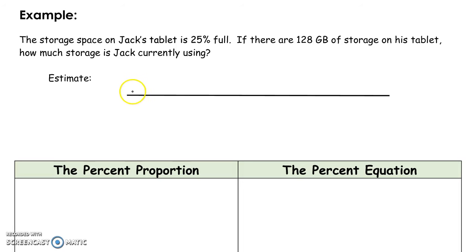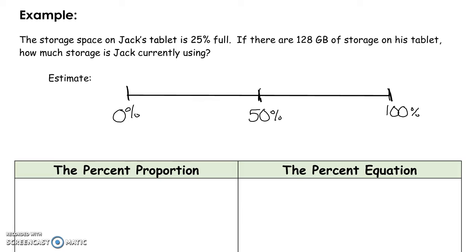So we know that a percent goes from 0 to 100. We also know that 50% is half, which is right in between. So we're going to use this as a benchmark to help us estimate what our answer is going to be between.